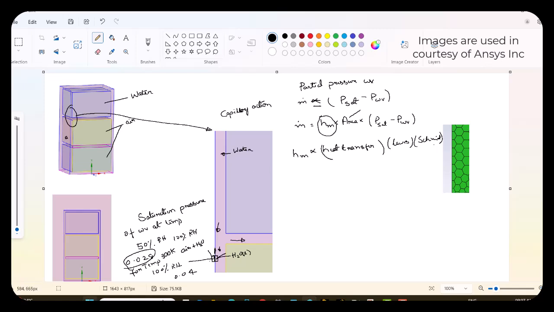So when it is leaving and adding into the atmosphere, what happens? The temperature of the liquid that is present would drop because the vapor is converted.